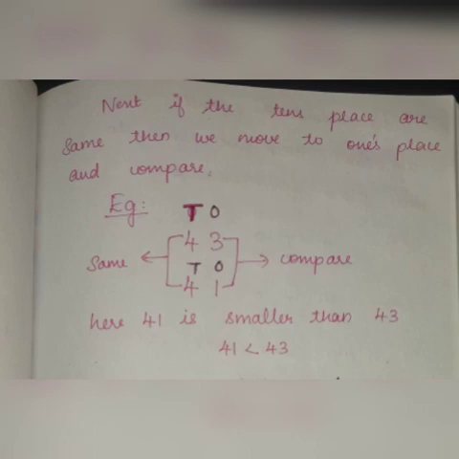Both are 4, so we can't compare it. So I am going to the ones place. What is the ones place for 43? 3. What is the ones place for 41? 1. So is 3 greater or 1 greater? 3. So obviously 43 is greater than 41. Okay, understood? So always we should compare like this. If the tens places are the same, you should go to the ones place for 2-digit numbers.